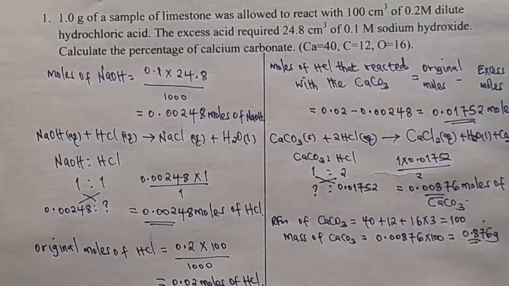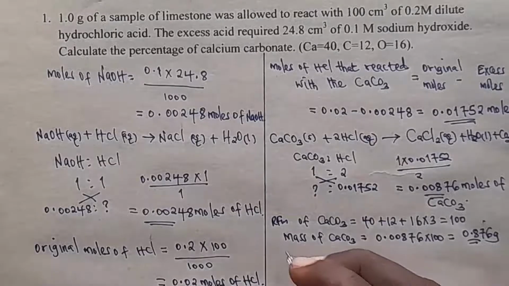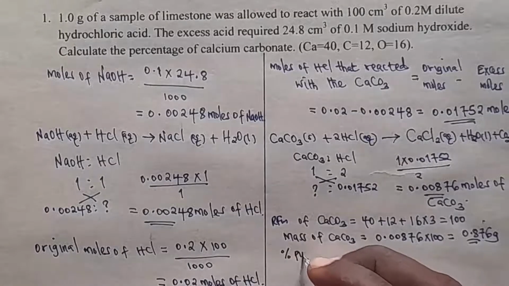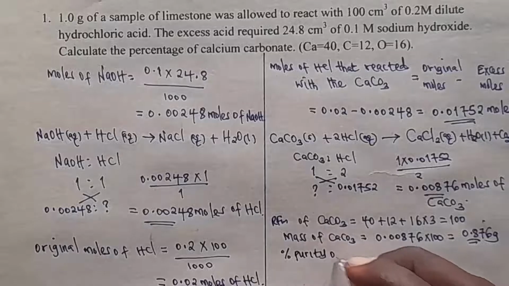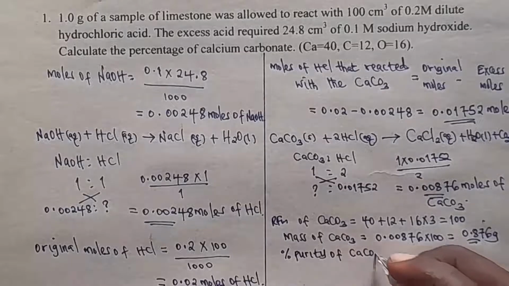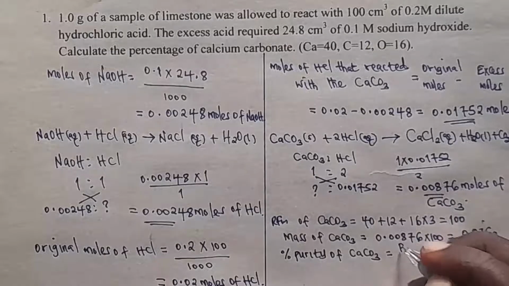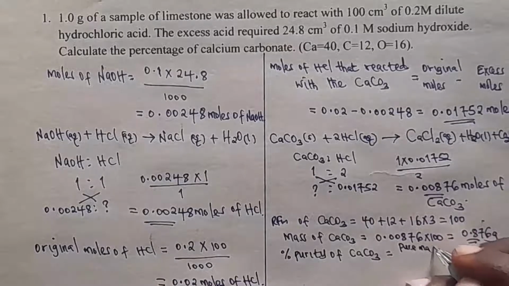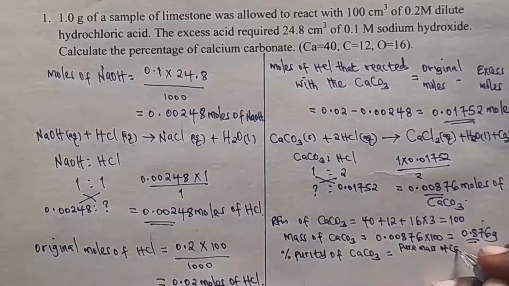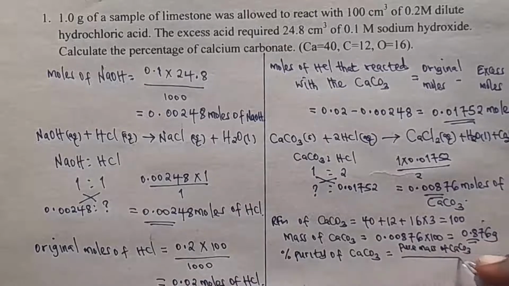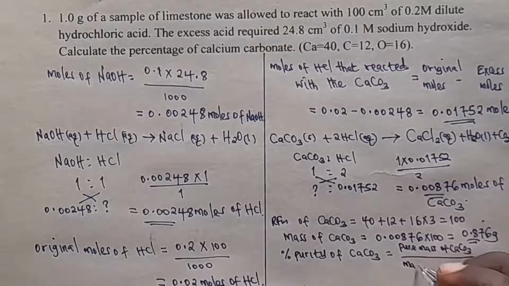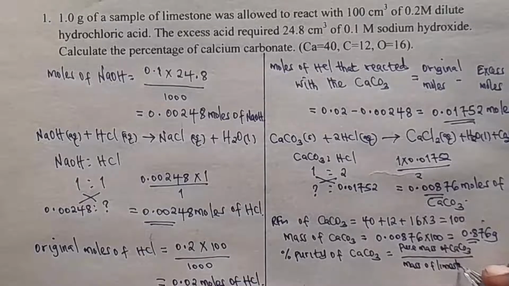Okay, thereafter, we are supposed to get the percentage purity of calcium carbonate. We can use the formula: the pure mass of calcium carbonate divided by the mass of the limestone, then multiplied by 100.